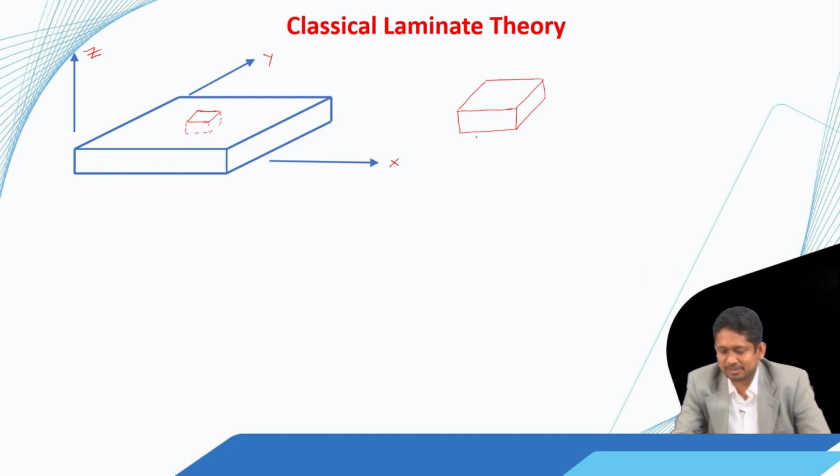So, when it bends with respect to the y direction, the shape can look like this, and with respect to the x direction it can bend like this. So, it experiences bending with respect to both the directions.